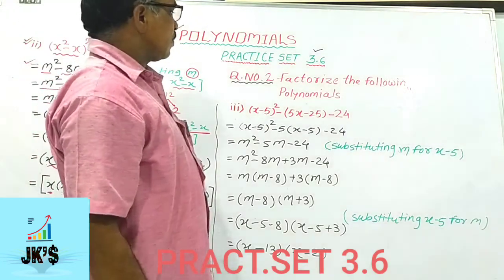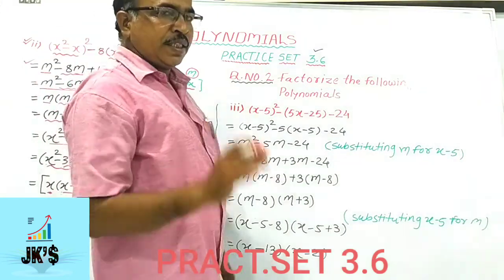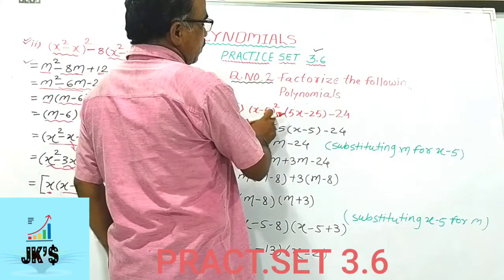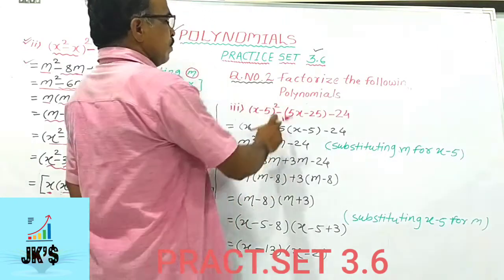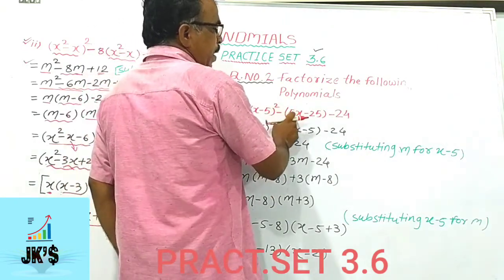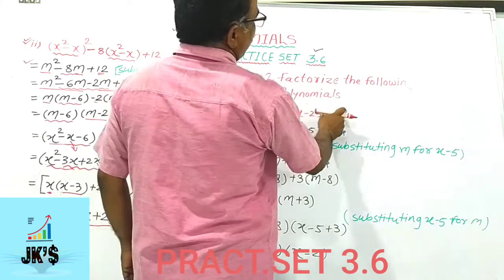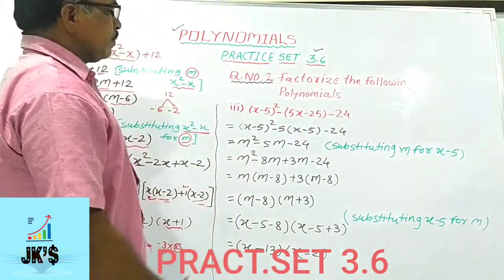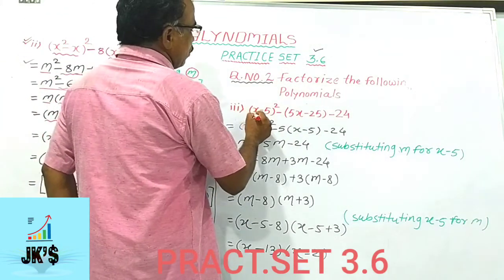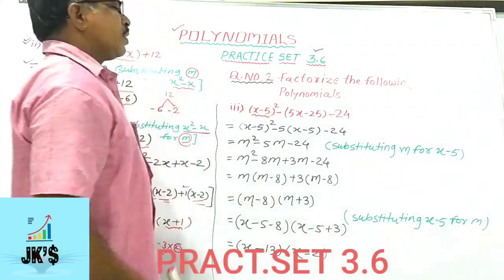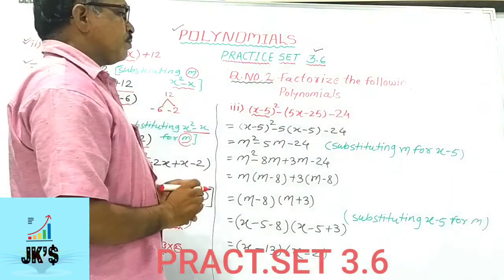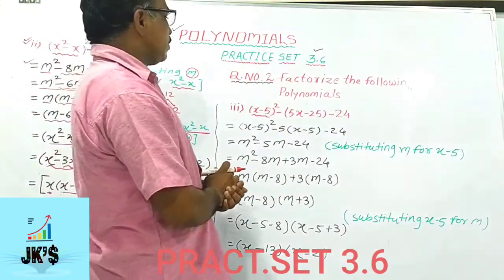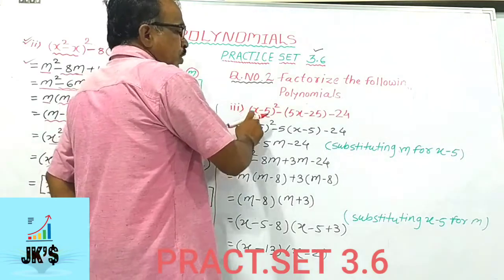Now friends, come to the next example, that is (x − 5)² − (5x − 25) − 24. When we see this example, x − 5 is here for replacing, but in the second bracket there is no term similar to this.